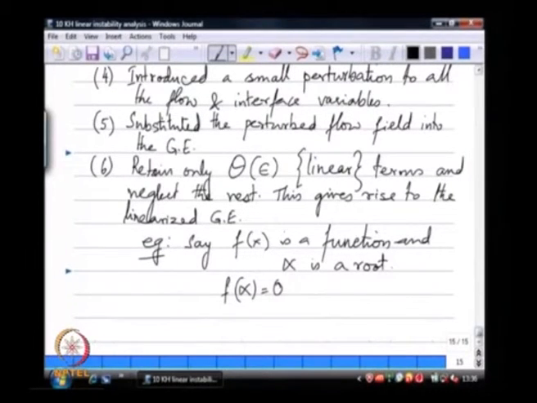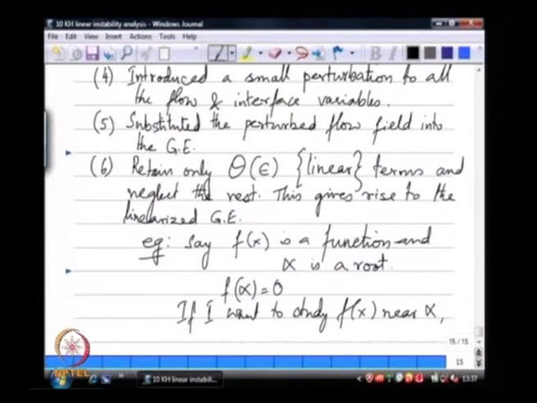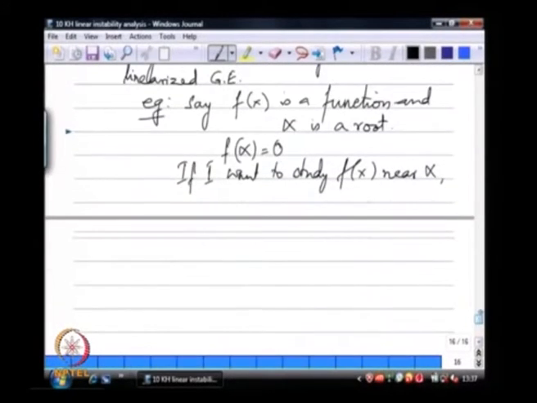If I want to study the behavior of this function near alpha, I define x to be equal to alpha plus y, where y is a small parameter, a small value.